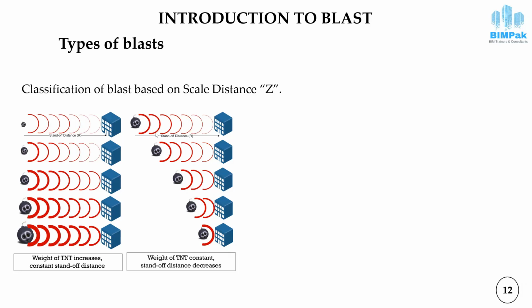We will then correlate these two with another factor called scale distance. In this picture we can see that the distance between the target and the explosive material is constant, and when we keep increasing the weight of explosive material, the intensity of the shock wave increases.